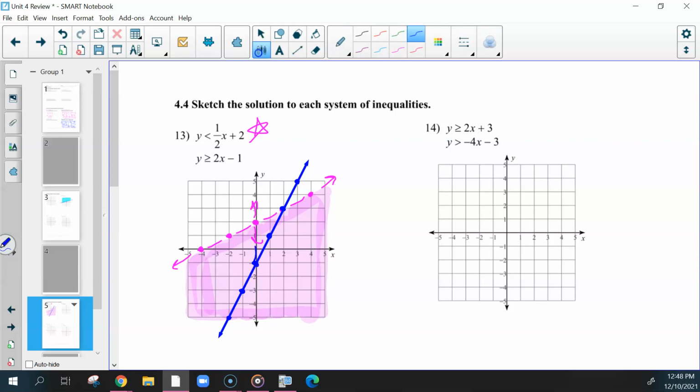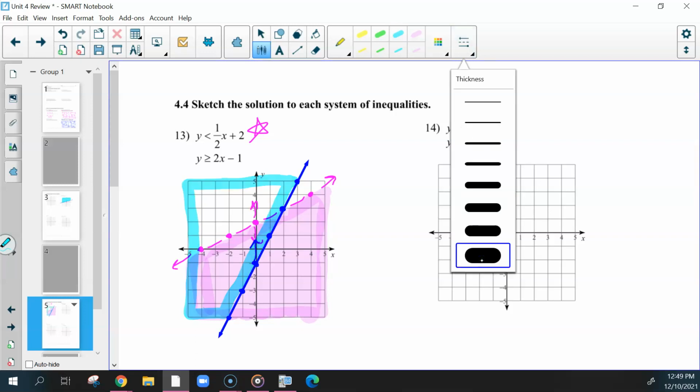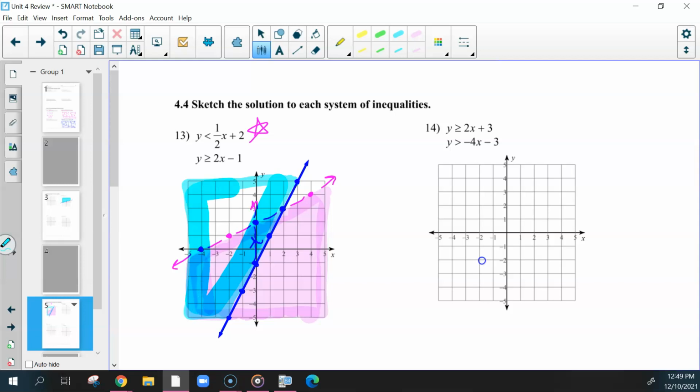So above would be everything up here. And then we're looking for where they overlap.